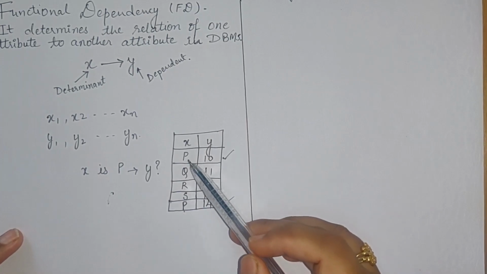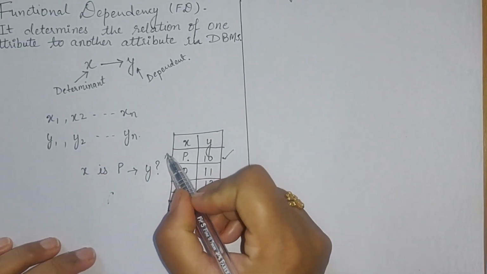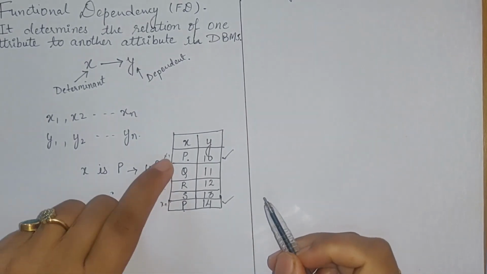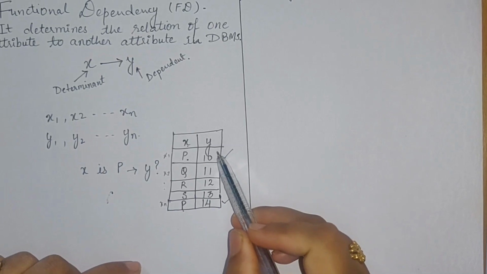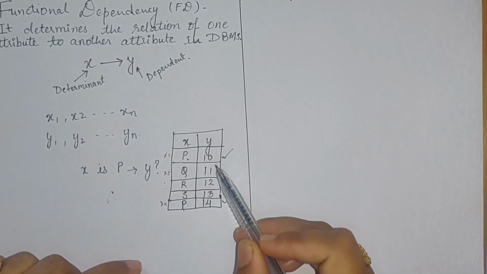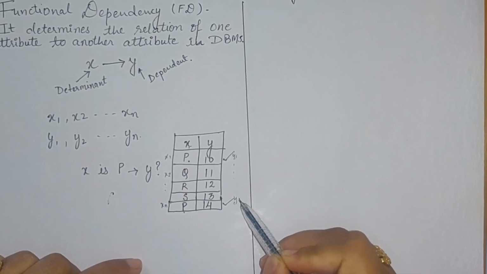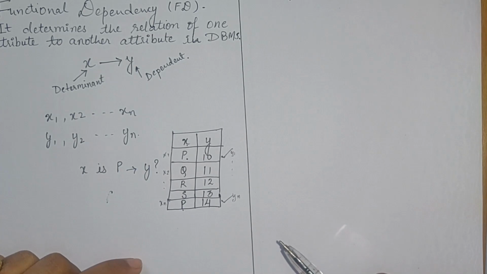For example, for tuples x1, x2, xn, if there is a functional dependency from x to y, then the same value should be there for y1, y2, yn. Like this, if the same value is there, then only your functional dependency holds.